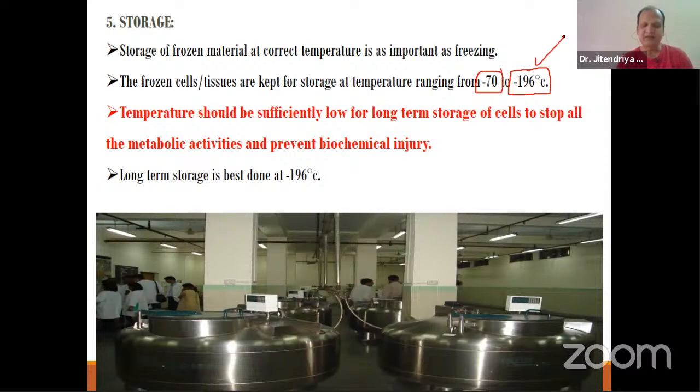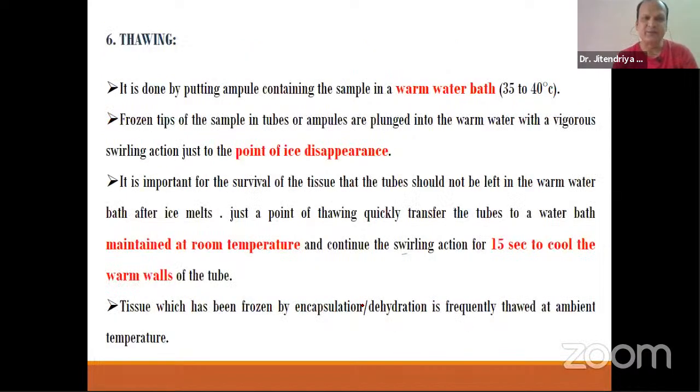At minus 196 degrees Celsius, they are able to stop all the metabolic processes, so that there is no question of any biochemical injury. These are the liquid nitrogen tanks in which the storage materials are preserved. Examples I will show you where these liquid nitrogen containers are. In Gujarat, also, several places have liquid nitrogen facility.